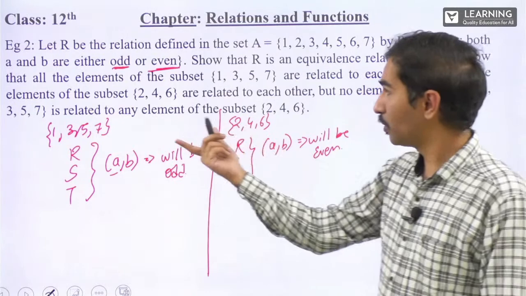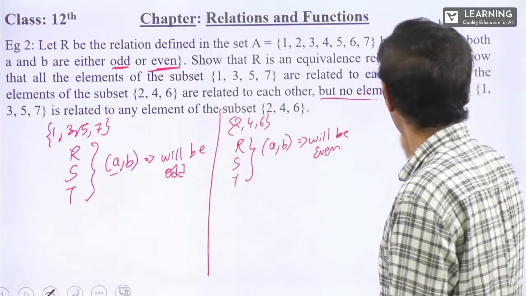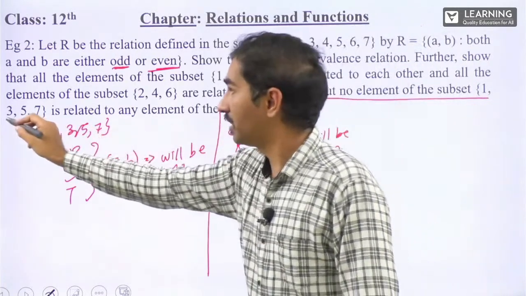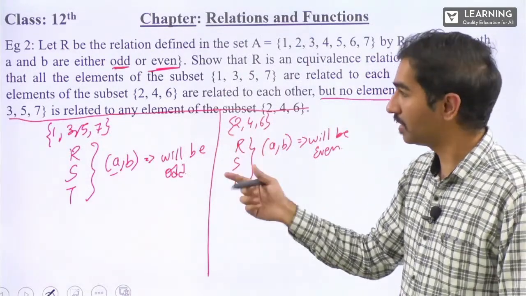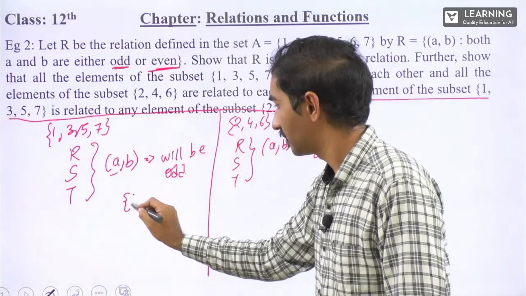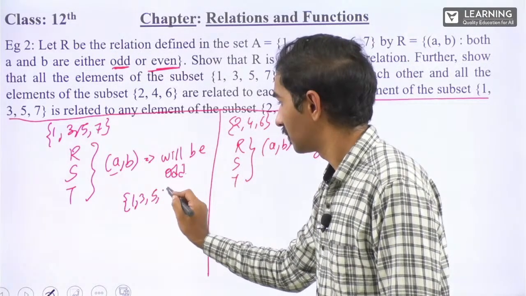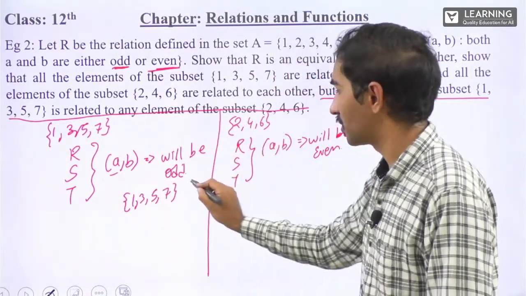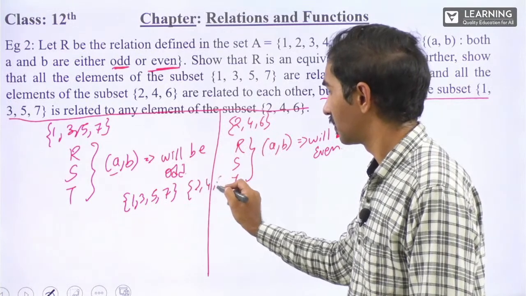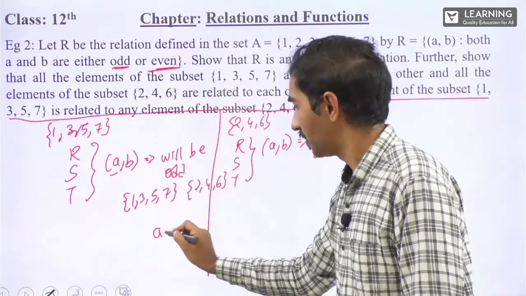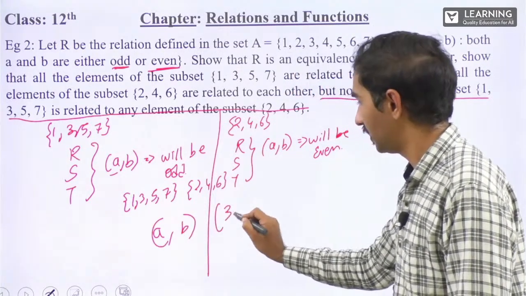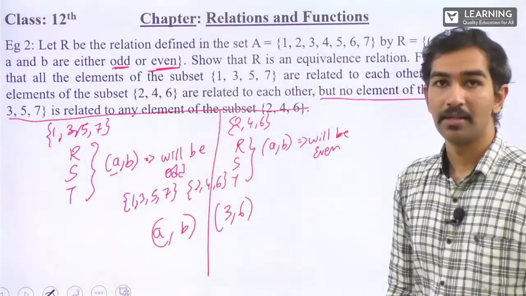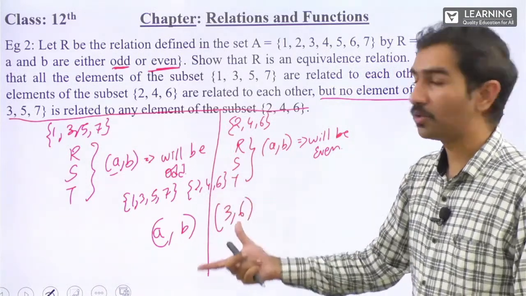Now if you take these both together, no element of the subset {1, 3, 5, 7} is related to any element of the subset {2, 4, 6}. Take {1, 3, 5, 7} and take {2, 4, 6}. If you take A from here and B from here, for example 3, 6, they are not related to each other, and we must show that.